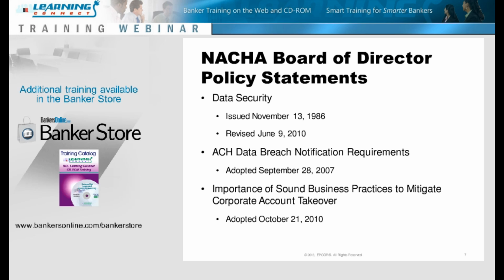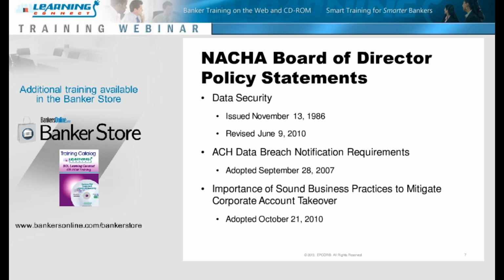NACHA started looking at data security a long time ago. The first time they really issued anything about data security is as far back as November of 1986. And you can see on the screen there what we call a NACHA Board of Directors policy statement. NACHA issues these Board of Director policy statements typically as a reaction to something that's happening in the industry.